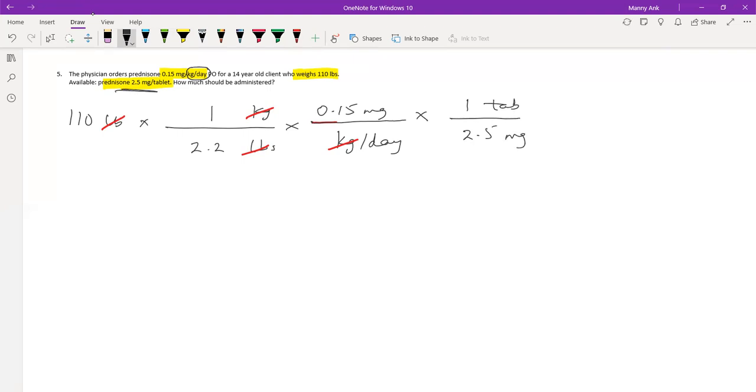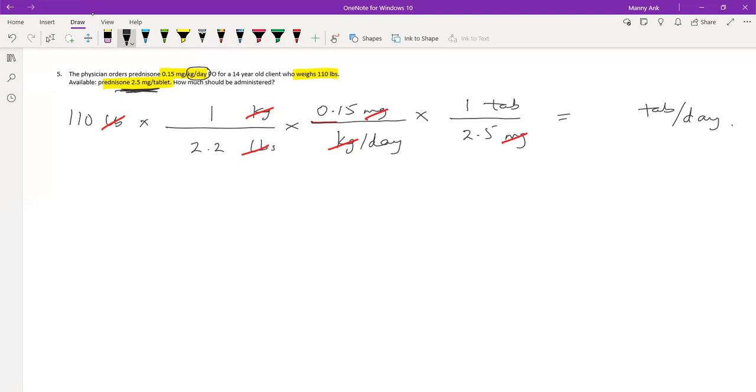So I'm playing around with the on hand, 2.5 milligrams for one tablet. So one tablet is 2.5 milligrams, playing around with the conversion factor. So what do I have here? I see that the milligrams cancel out. So the answer I'm going to end up with will be tablets per day, or tabs per day.